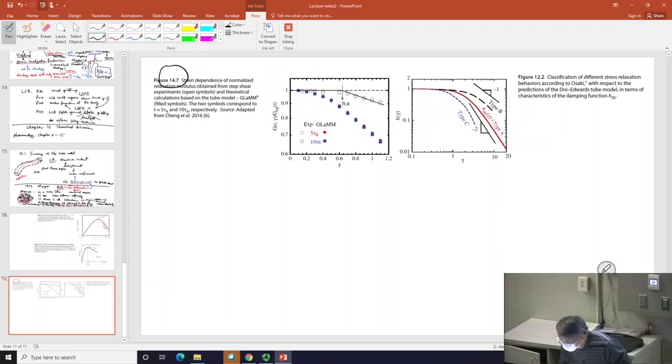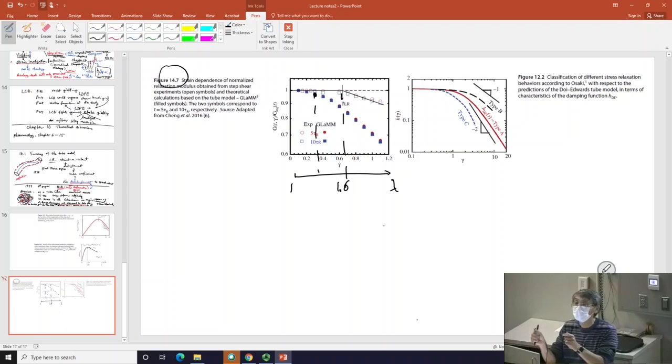Let's present the same data. Lambda goes from 1. Experimentally, we observe that by 1.6 you start to have deviation from linear response. But according to the tube model, as you said, 20% of deformation, you'll find that 20% will retract after the Rouse time.